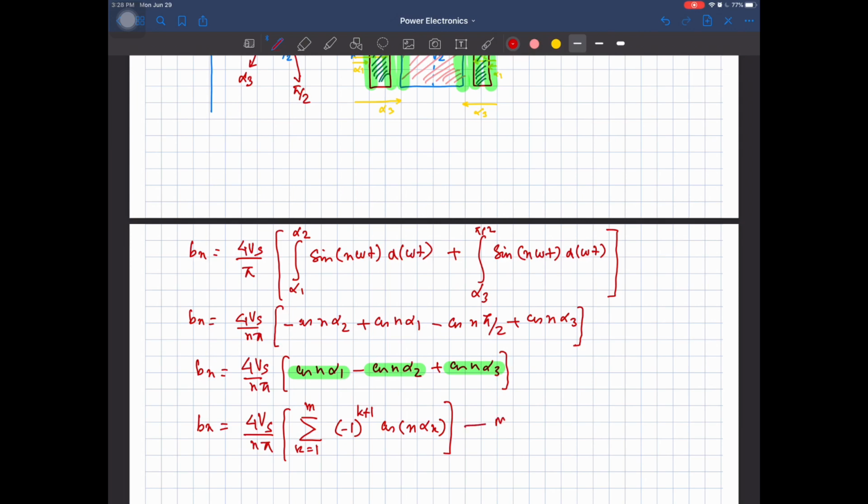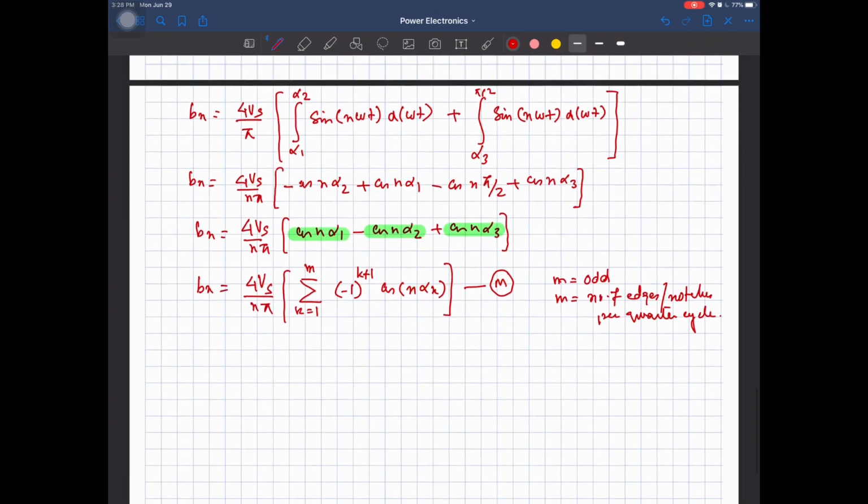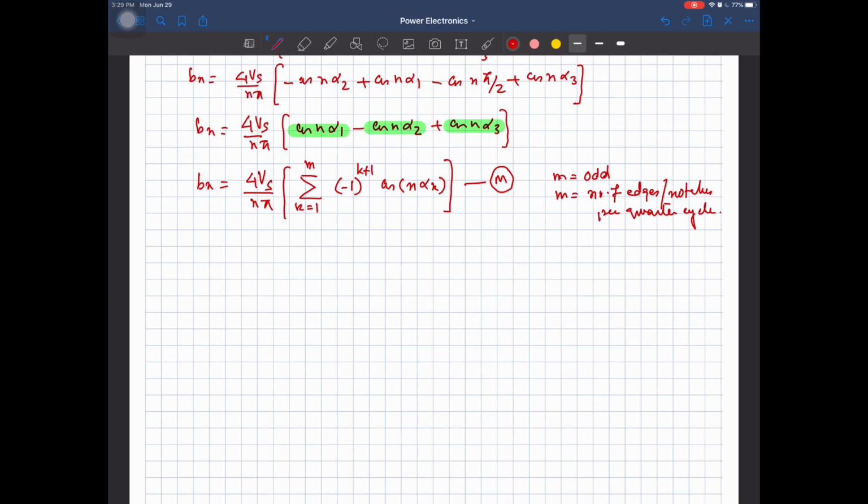This is the main equation that is generic for any odd number of edges, where m is odd in this case, and m represents the number of edges or notches per quarter cycle. So from this we can say that we can cancel three sets of harmonics.